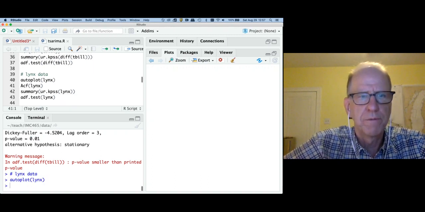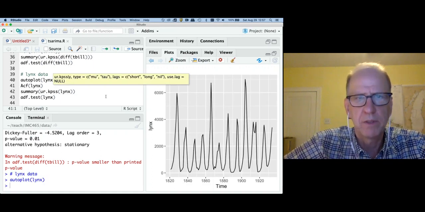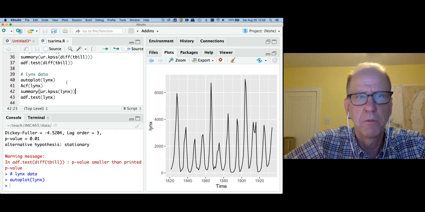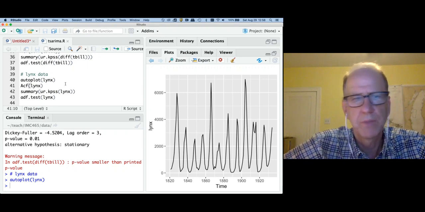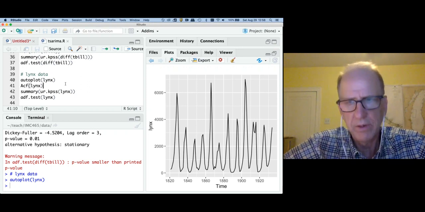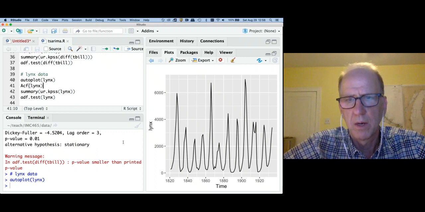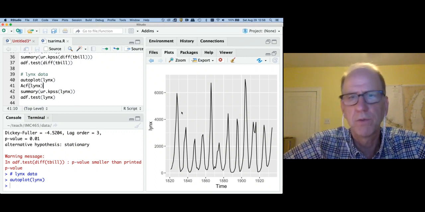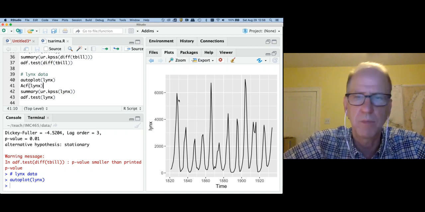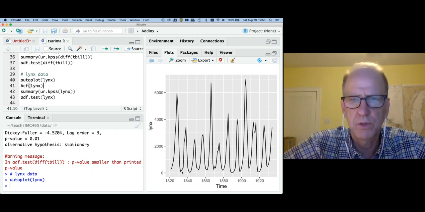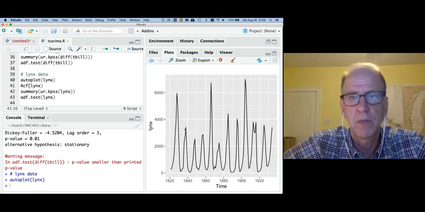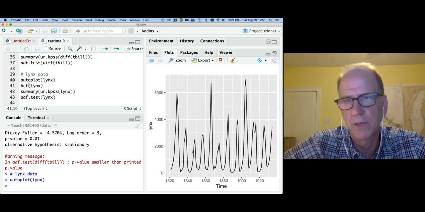I want to show you a very interesting data set that is from the textbook. We haven't done much with it. This is the lynx, a type of cat trapping, and this is a very unusual data set. When the cats exhaust their food supply, they don't reproduce anymore. The population falls dramatically, then they start to reproduce again, and then at some point it falls off again.